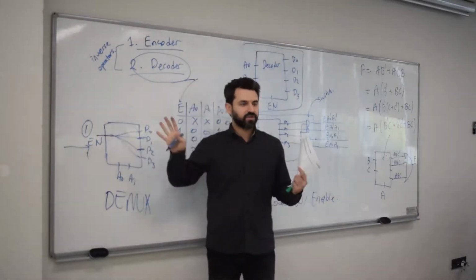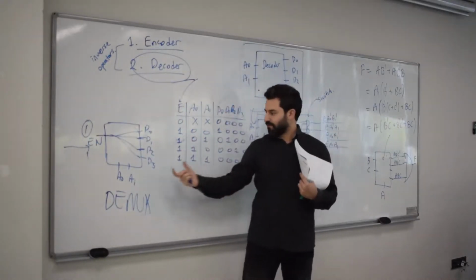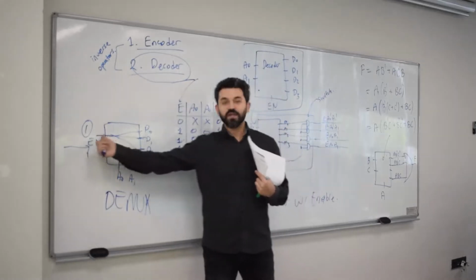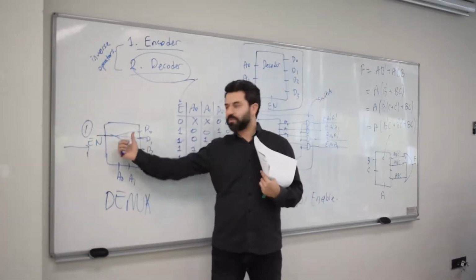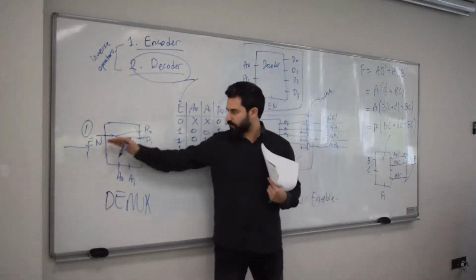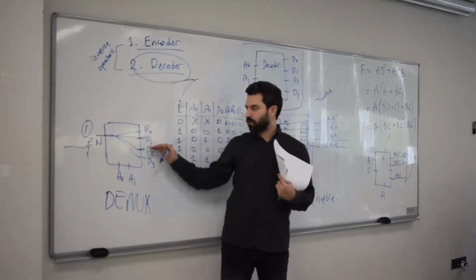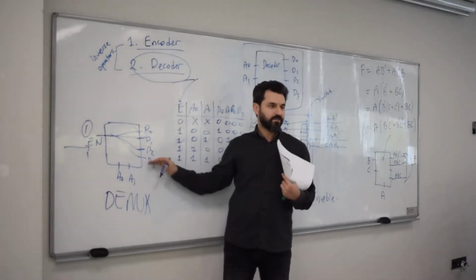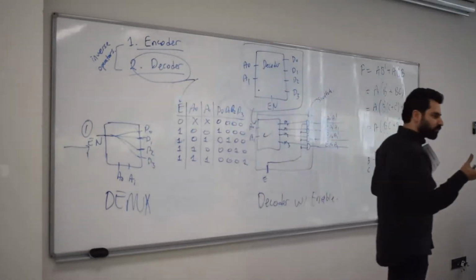The rest of them are not allowed to pass. However, in demux, you got only one input, and you select where that input is forwarded. You either forward that input to the top output, or the one below it, or the one below that, or maybe the very bottom output. So that's exactly the reverse operation of mux.